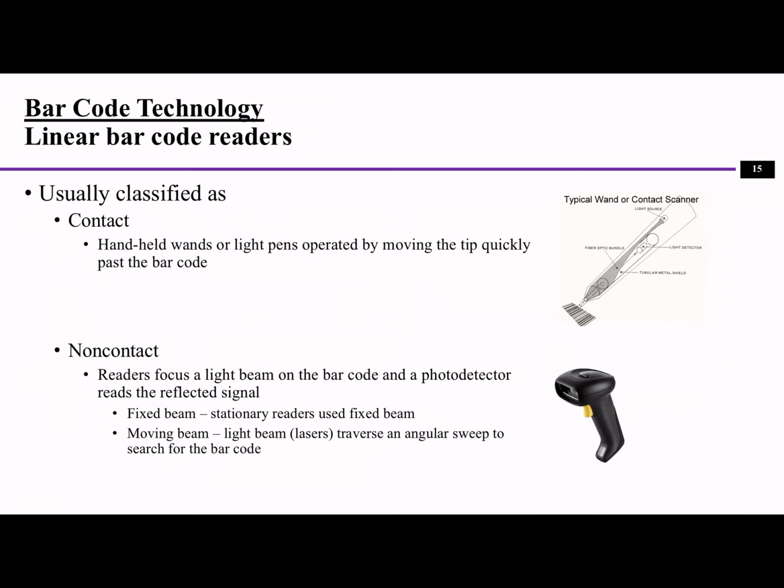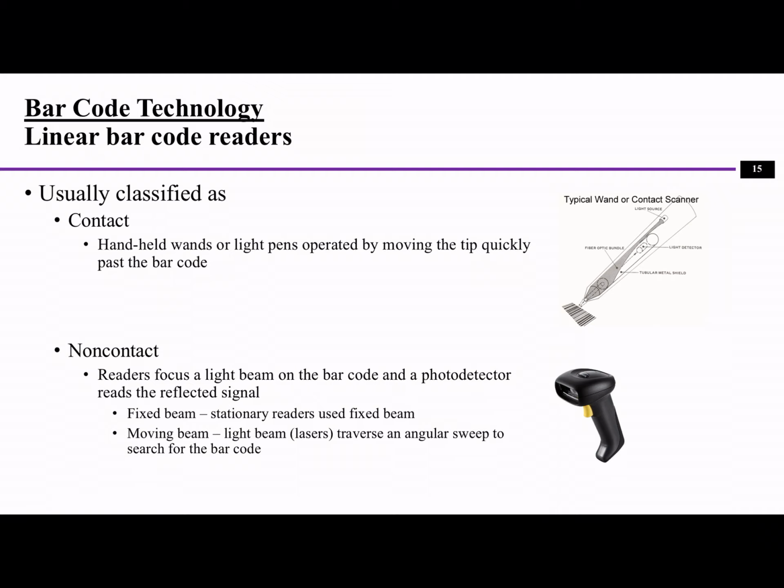And for the light beam, there are a couple of forms. One is a fixed one, the other one is a moving one. For the fixed one, basically the beam is there and is fixed, it's not moving at all. What is moving is actually the code, right? Because the code is on the product. When the product moves, it can actually read the code. So that's the fixed beam.